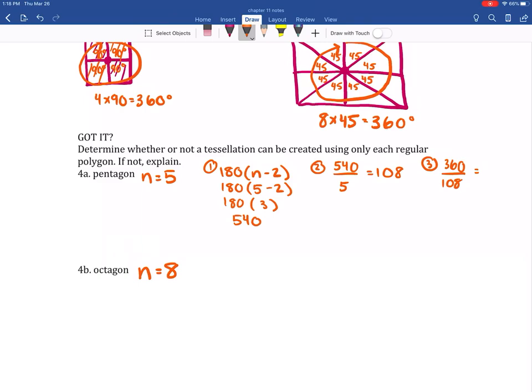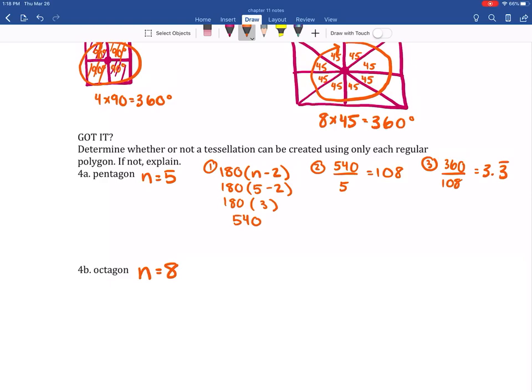divided by 108, it doesn't come out very nicely. We get 3.3 repeating. That means I would have 3 1/3 pentagons. That's not going to work out. We're going to have some overlap there. It's not going to be a nice pretty pattern like we had above.